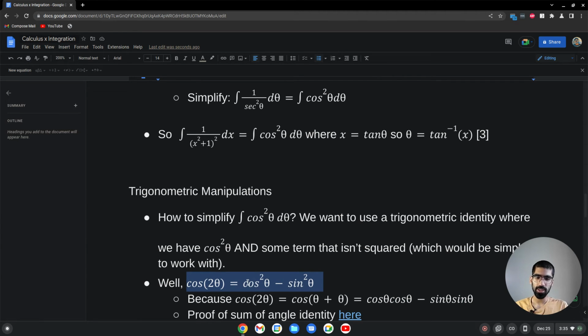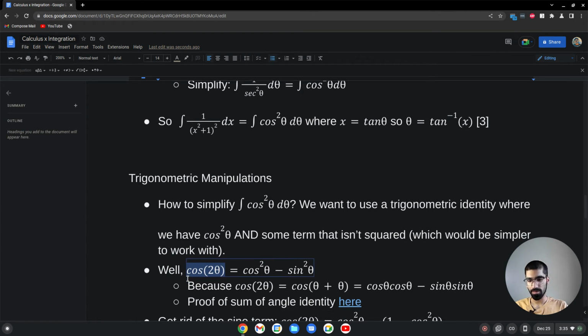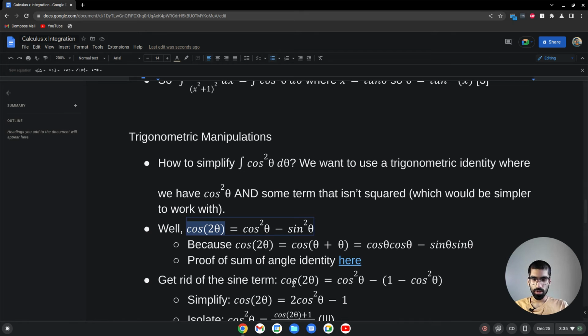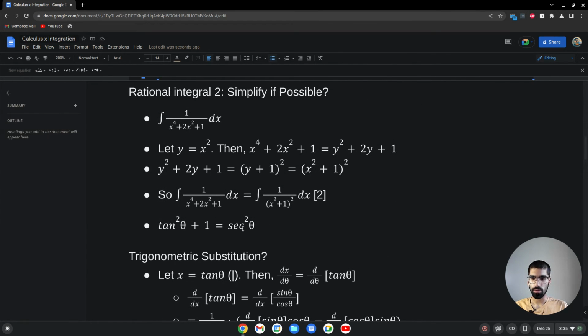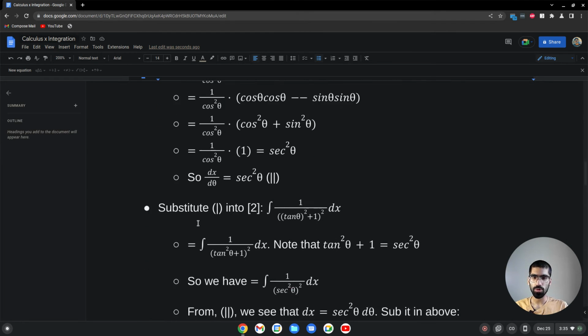Let's do what I said: get cosine squared of theta on one side and then just cosine of something on the other. Well, the first thing is, if we're going to get cosine squared on one side, then we need to get rid of this sine squared term, and we substitute for that the identity I just showed you, cosine squared plus sine squared equals 1.